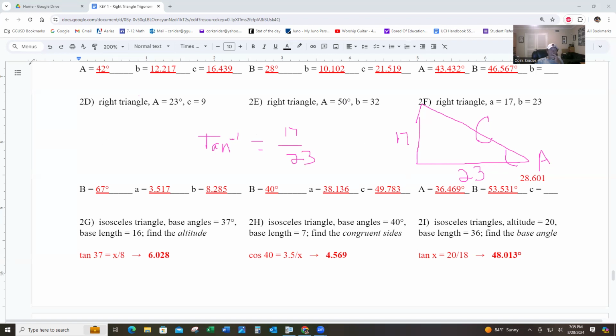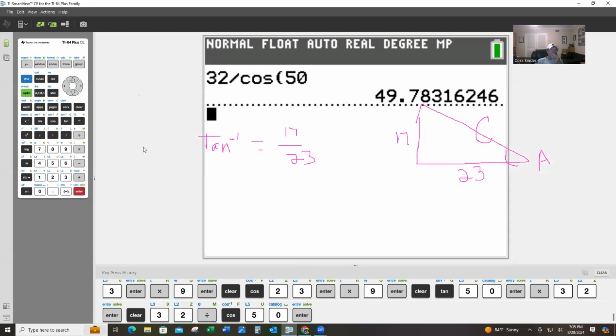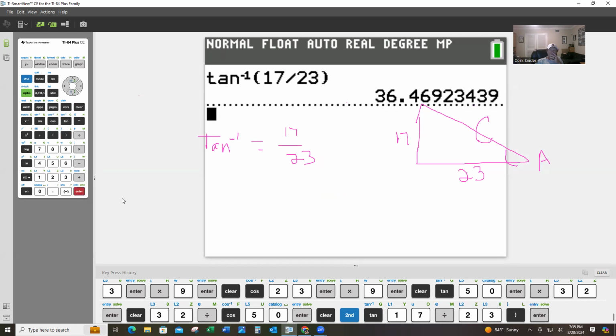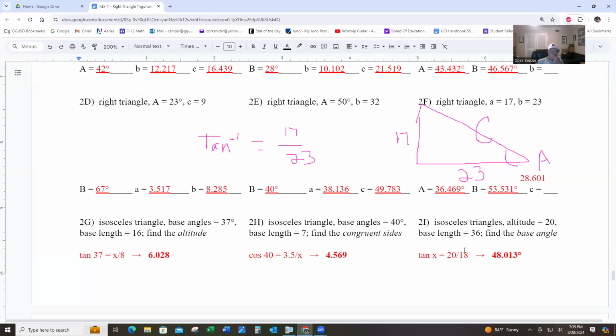So I'm going to go second tangent, 17 divided by 23. About 36.5 degrees. Let's just say 36 degrees.